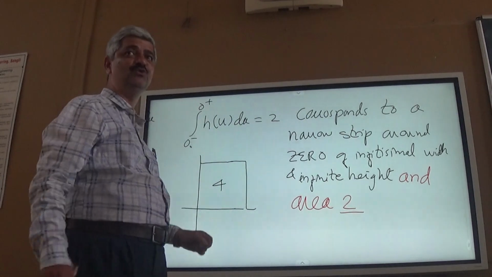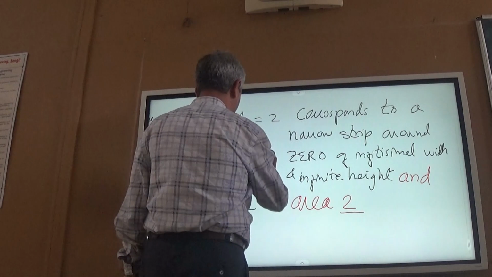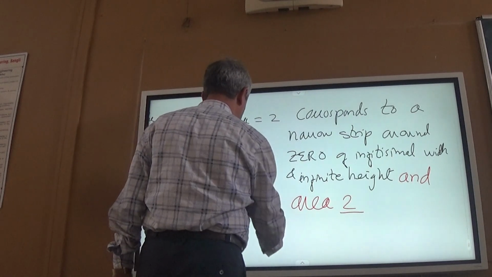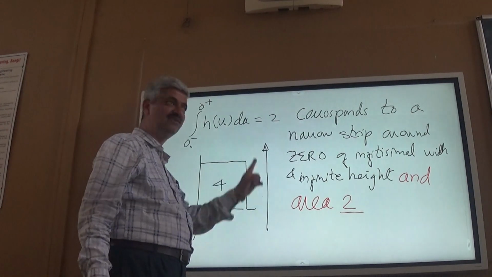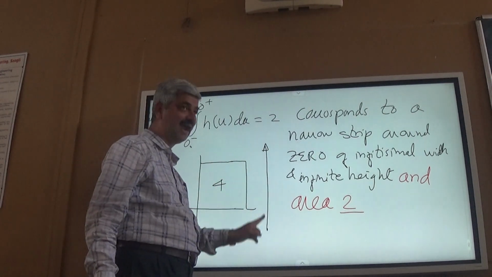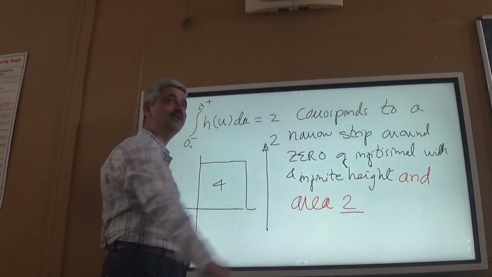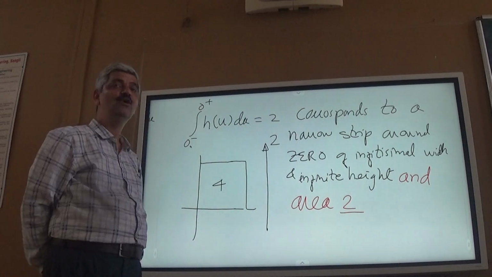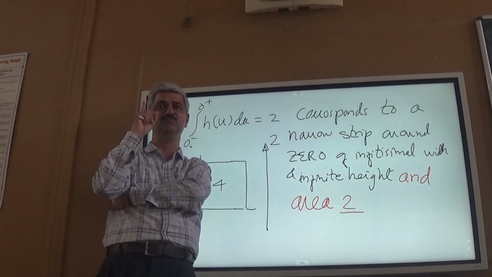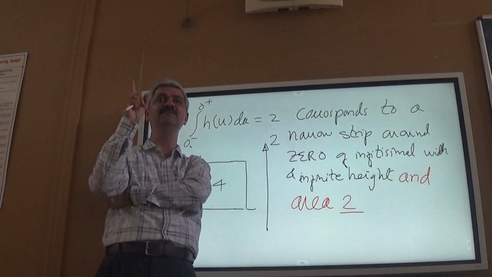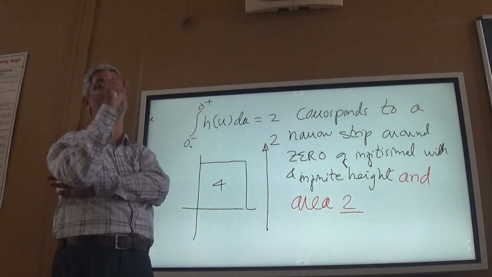This is h(u). And this is called an impulse. It is shown like this: an arrow indicating height is infinite, and we write 2 here. What does it mean? All impulses have infinitesimally small width and infinite height, but areas are different depending upon how you started them.